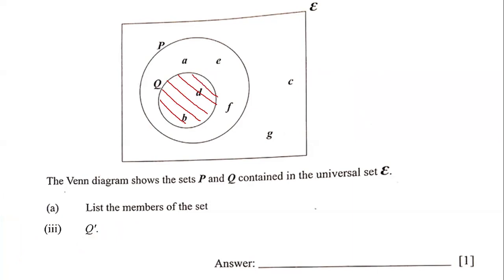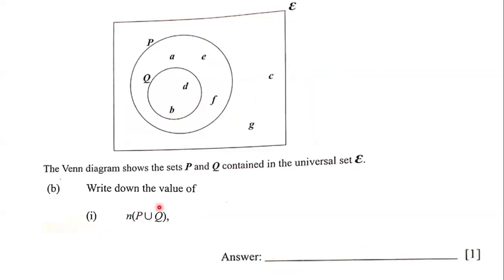So we do not include B and we do not include D, but we include all of the other elements that are inside the universal set. So A, E, F, C, and G, they are part of Q complement. These are all the elements that are inside the universal set, but we do not include the elements that are inside set Q.